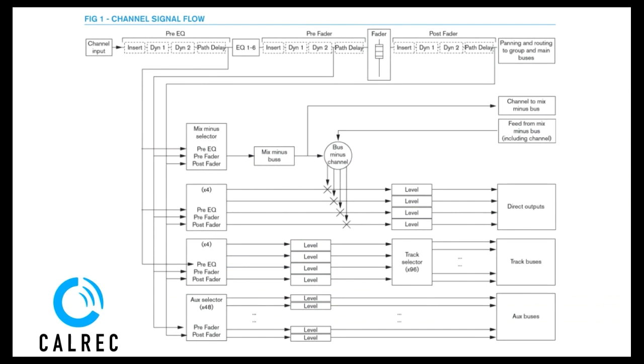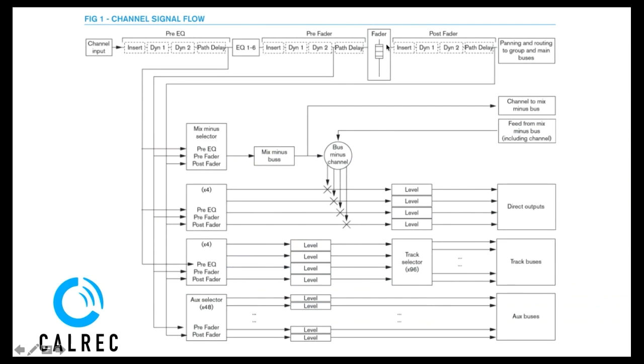Yeah, this would be a typical Artemis channel path, and Apollo is very similar. You just get more, but the basics are all the same. You start at the upper left where it says channel input. That's going to be your source, whether it be a microphone or an EVS or music or whatever it happens to be. Then you've got pre-EQ, then EQ, and then pre-fade, and then post-fade.